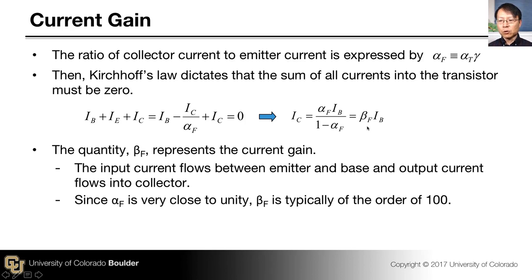The quantities alpha sub f and beta sub f both represent current gain. Particularly, beta sub f represents the current gain between the base current, which is often the input current, and the collector current, which is often the output current. In a typical bipolar junction transistor, beta sub f is of the order of 100, and alpha sub f is a number very close to 1.